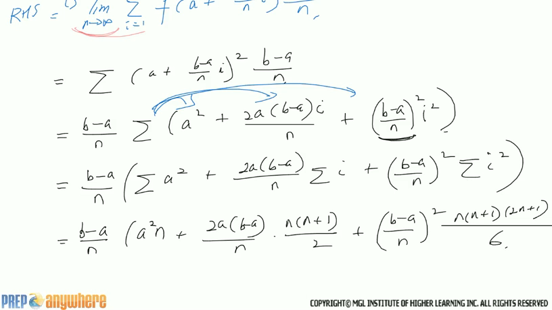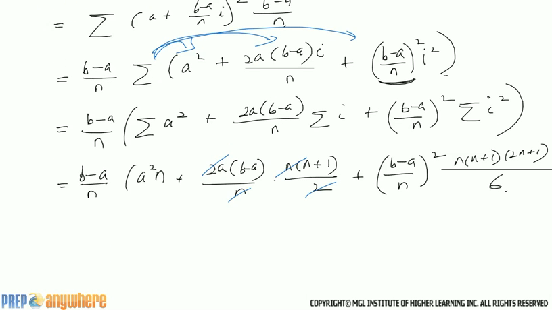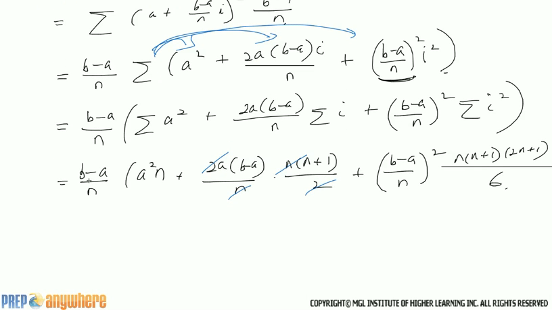Okay, so let me clean up whatever I see that it's very easy to clean up without too much mess. This one here, and 2 there. And that's about it. So I don't want to make any mistakes, so I'm just going to leave it there. Now I'm going to multiply the (b minus a) over n inside. Okay, so I get (b minus a) over n times a squared n. (b minus a) over n times another 2a (b minus a) times (n plus 1).